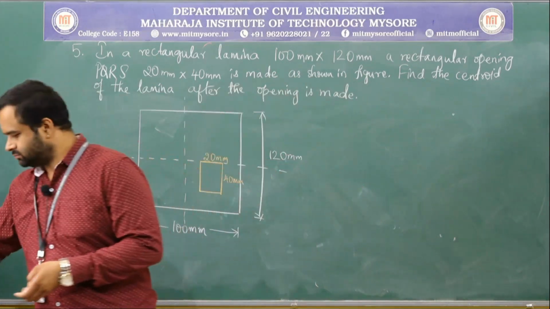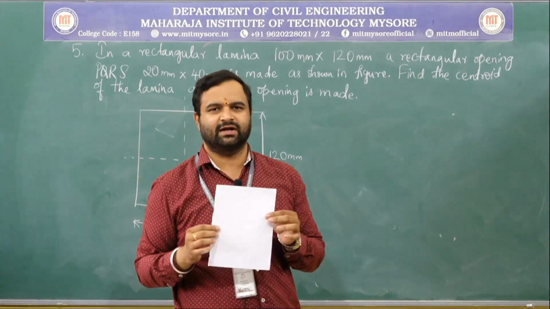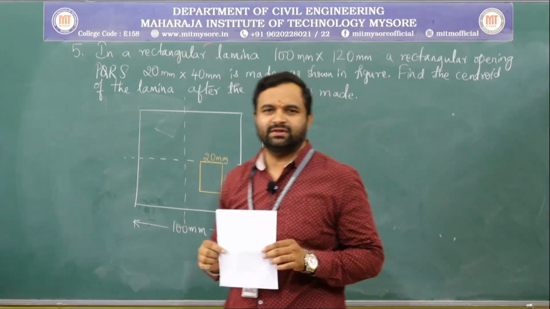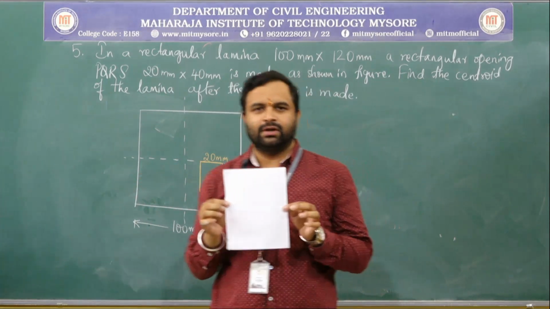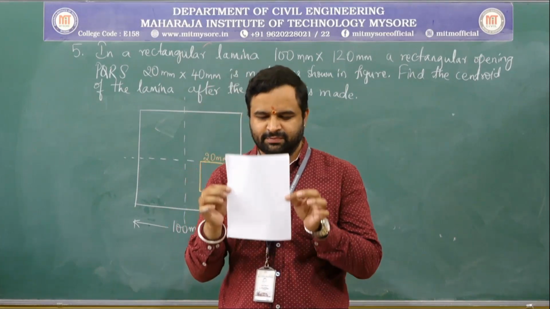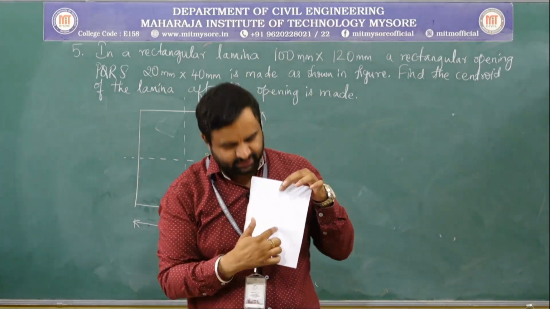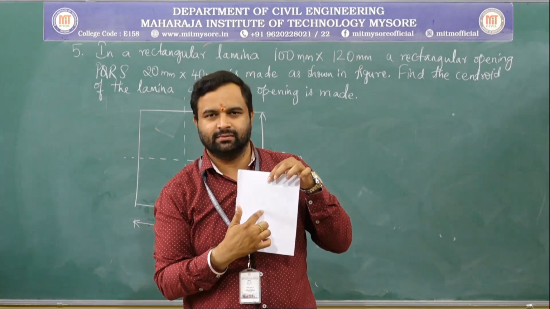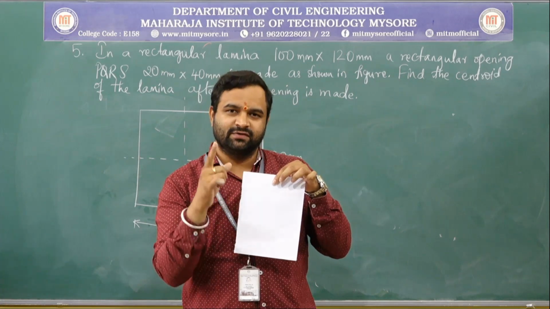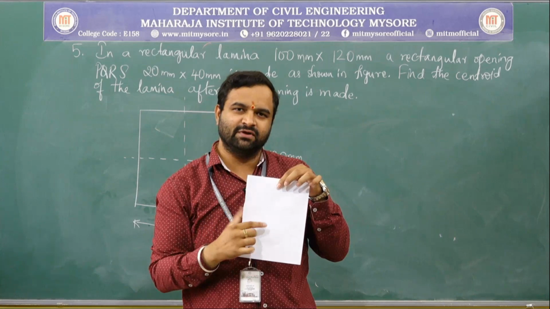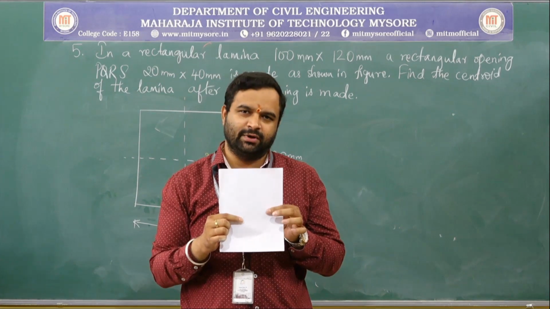So, if I consider this as a rectangular lamina, what is given in this problem is we have to make a cut. Without an opening made in this rectangular lamina, the centroid exactly lies where? It exactly lies at center, which we have already proved. But will the location of the centroid remain same even after we cut this rectangular lamina?